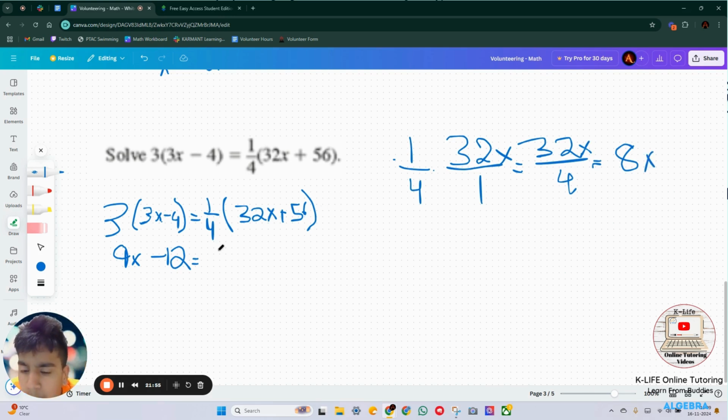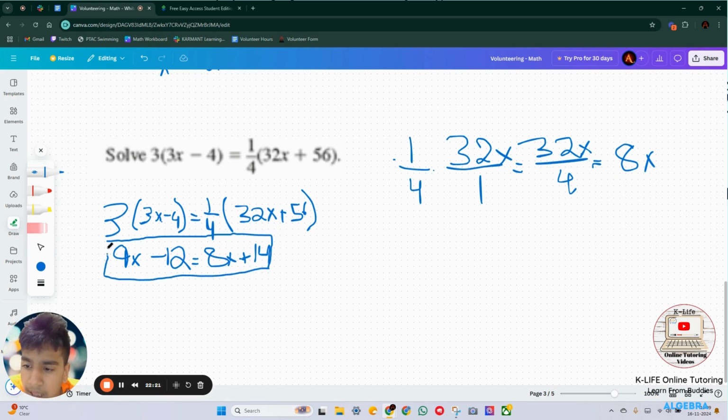So 1 over 4 times 32x equals 8x. If I do the same for positive 56 using the same method, I'm actually just going to get 14. No. Is it? I forgot. It's going to be 14. I know that for sure. Yes, it's 14.